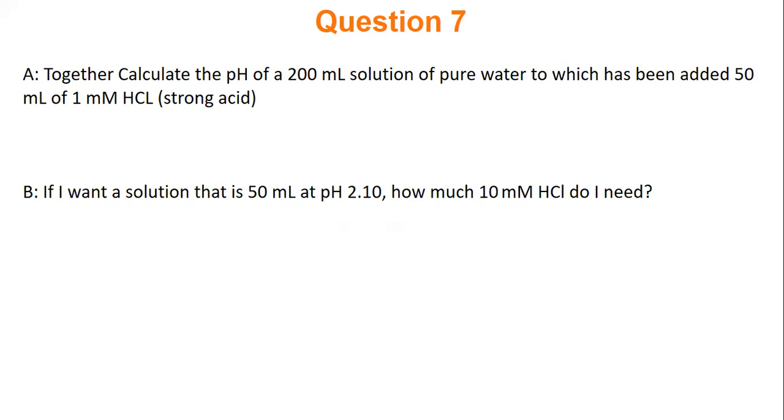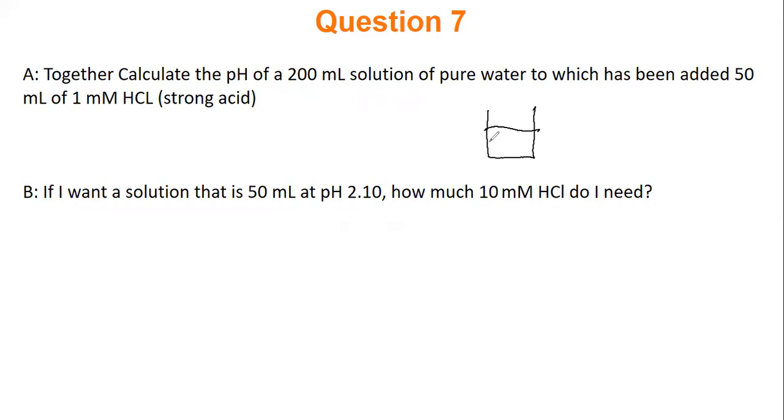So together, let's calculate the pH of a 200 milliliter solution of pure water to which we add 50 milliliters of 1 millimolar hydrochloric acid. All right, so we have a problem, and I like to draw pictures.